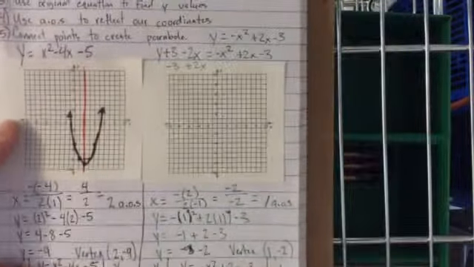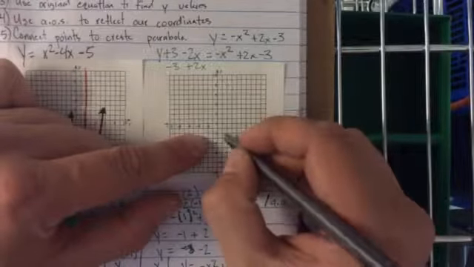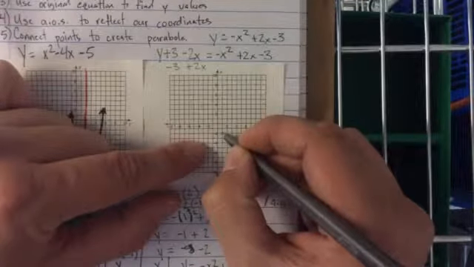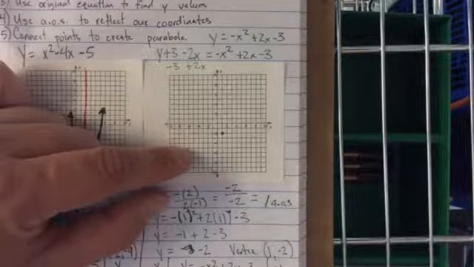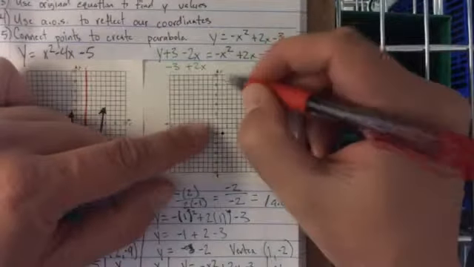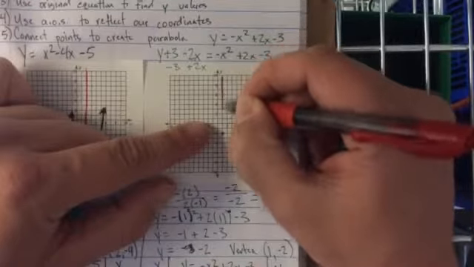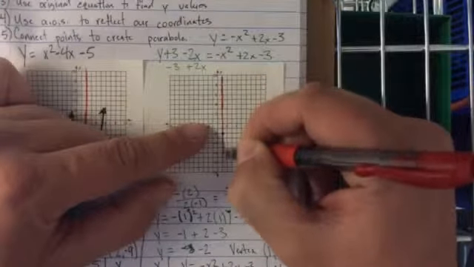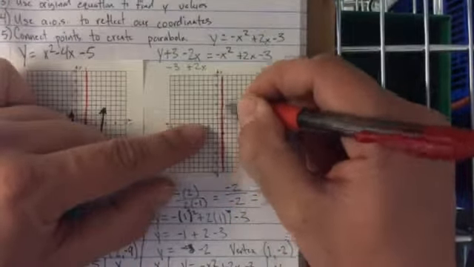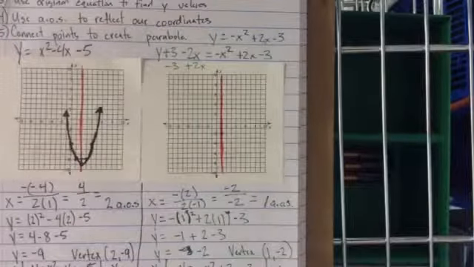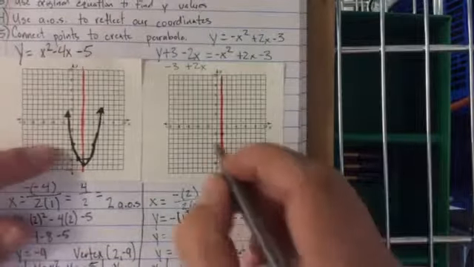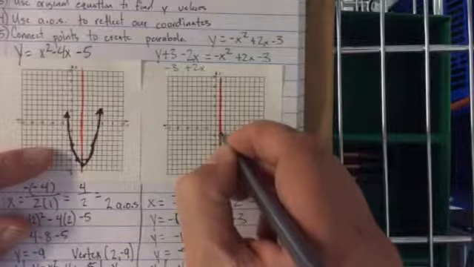So now we can go ahead and graph this. Starting with our vertex at 1, negative 2. Once again, I'll go ahead and draw in our axis of symmetry line of x equals 1 with the red pen. So there's our axis of symmetry line. Our vertex is right here.